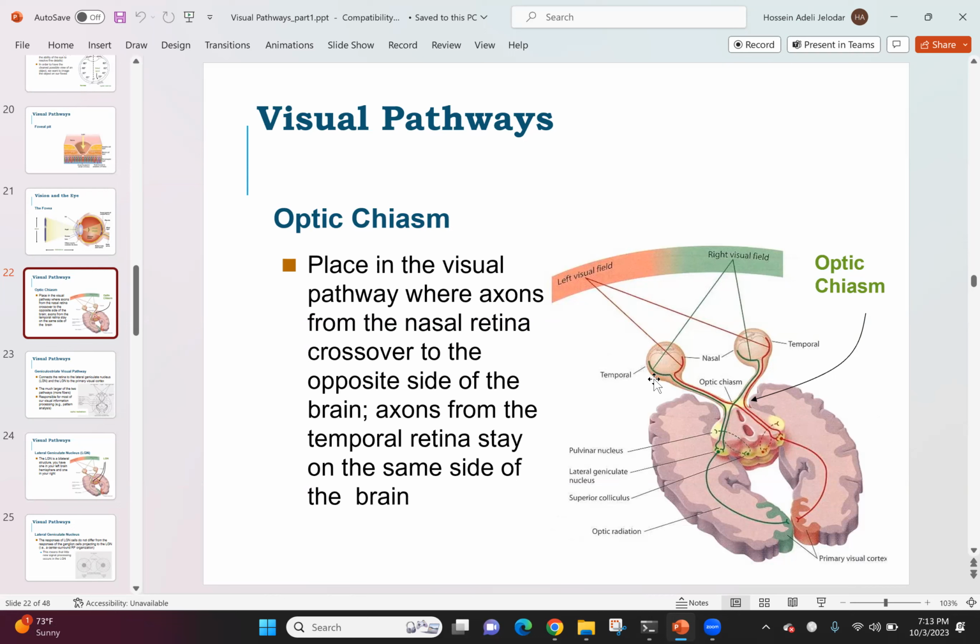If it's only hitting my left eye, it would fall on the outside of the eye, which is the temporal part. The inside we call the nasal part, because it's close to your nose. The same visual input, when it hits the right eye, falls on the nasal part of the right eye.